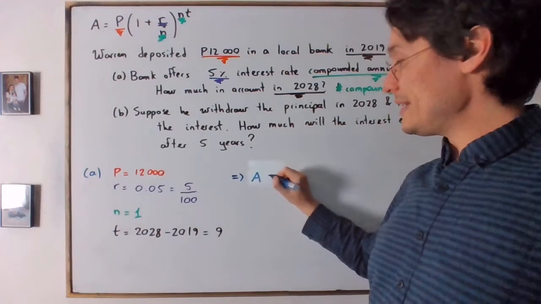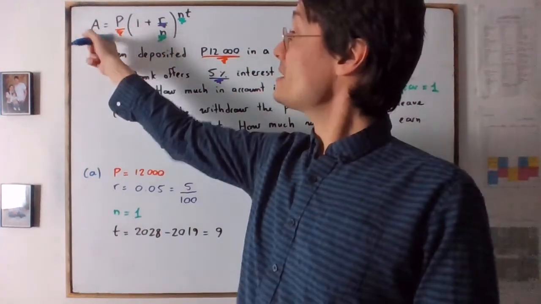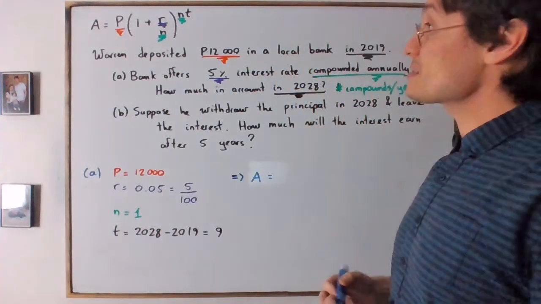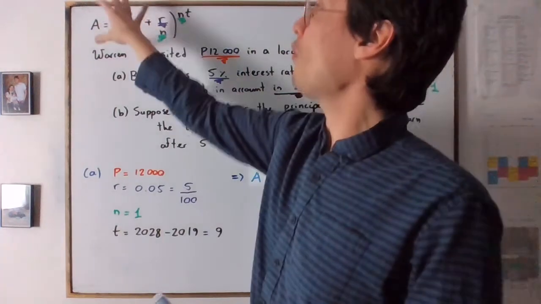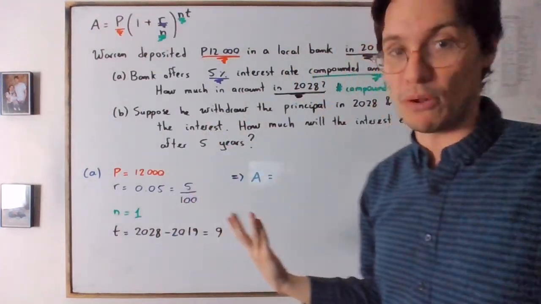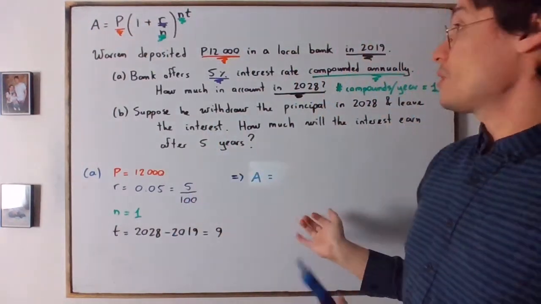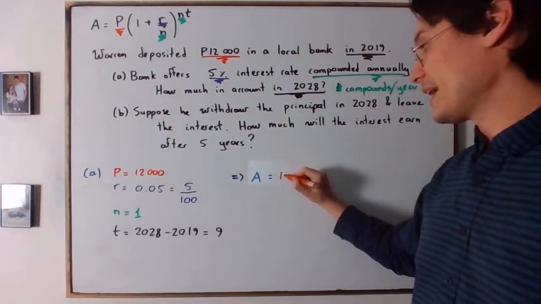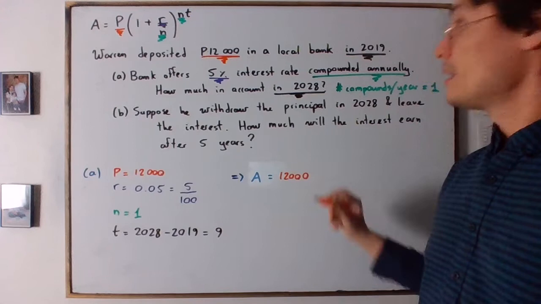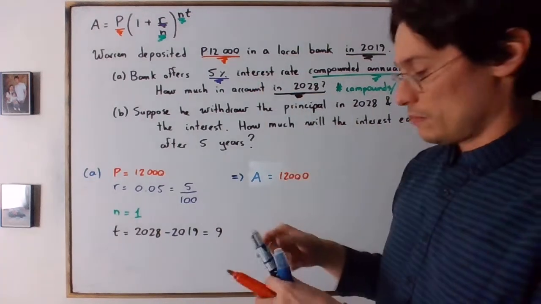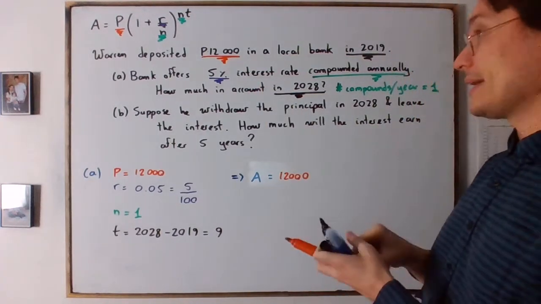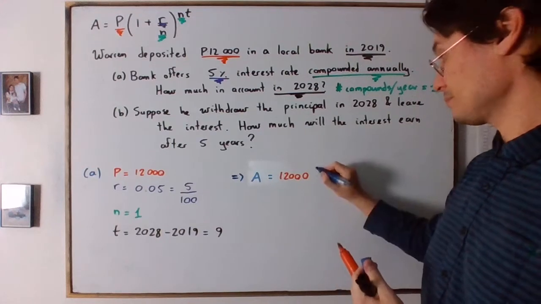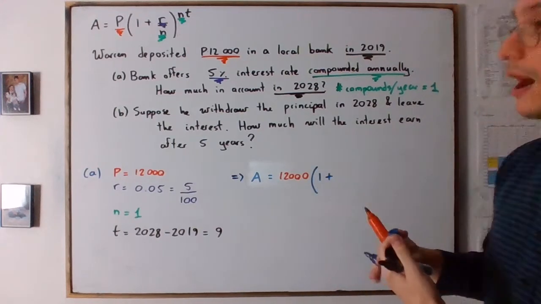In this case, you're lucky because A is what you need to calculate. But sometimes you will have to solve for a variable in your equation. So in this case, we're going to have 12,000 multiplied by 1 plus r.